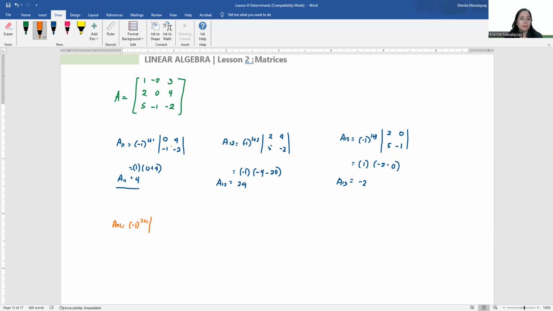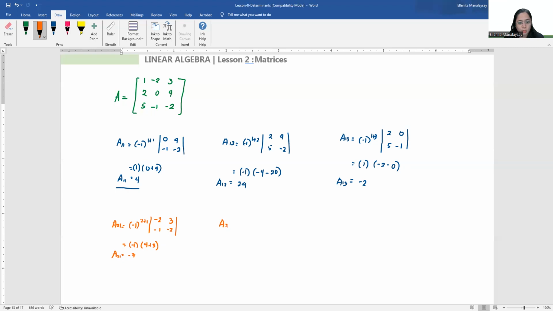We have -2, 3, -1, -2. So this is equal to negative 1 times 4 plus 3, which is equal to negative 7. That's A21.